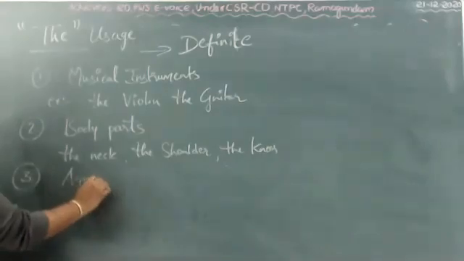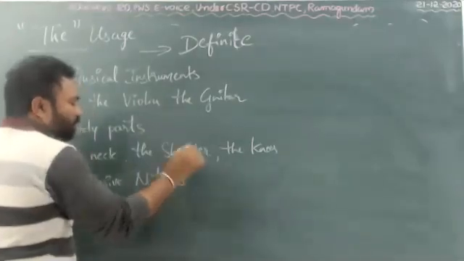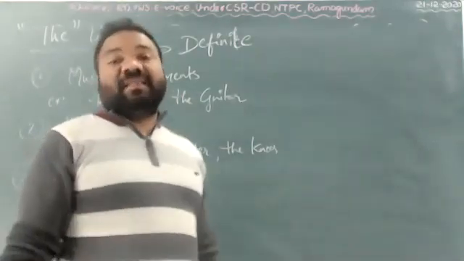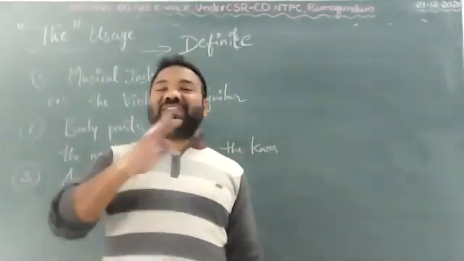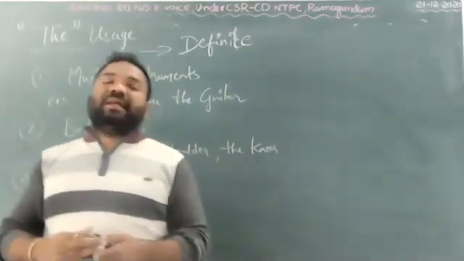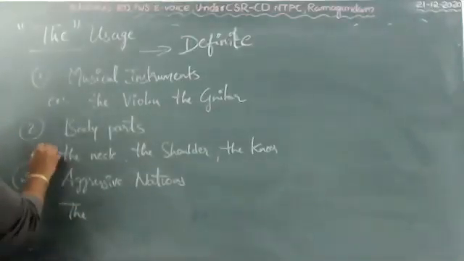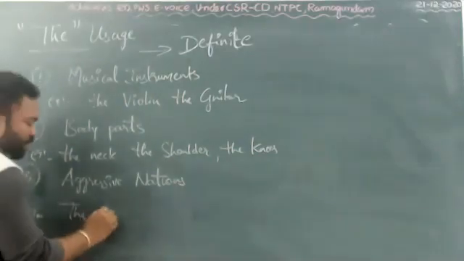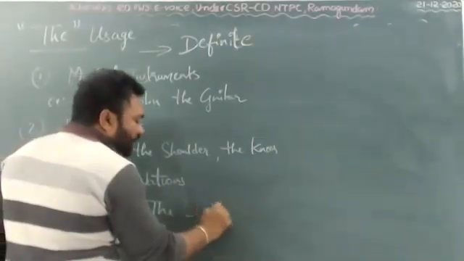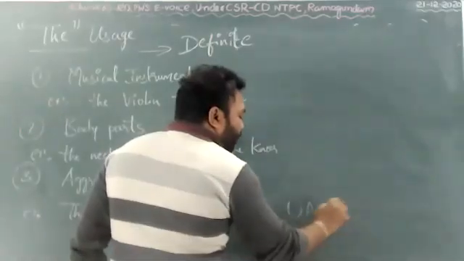Before aggressive nations abbreviations, like some nations, they got to use some abbreviations for the names of their countries, like the USA, the USSR, the UAE.